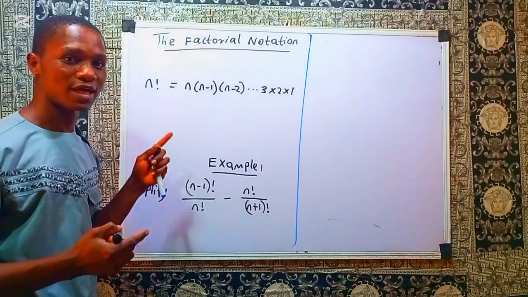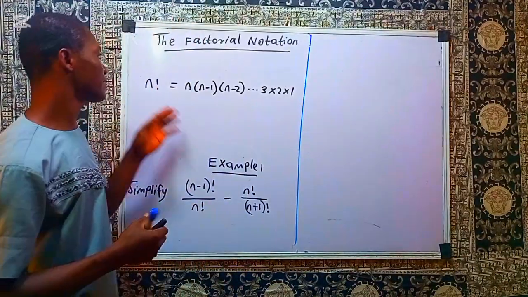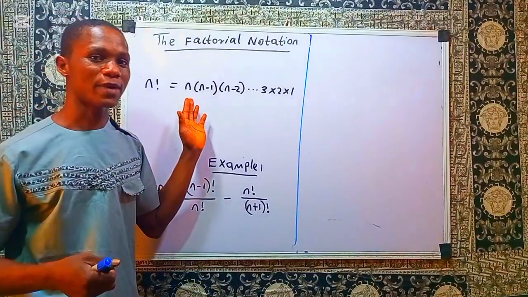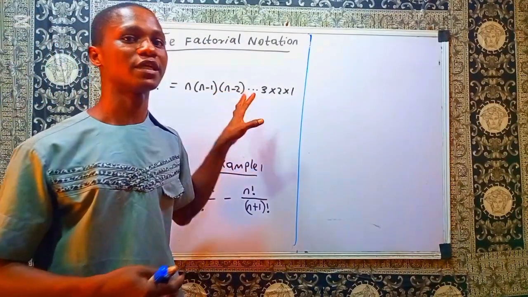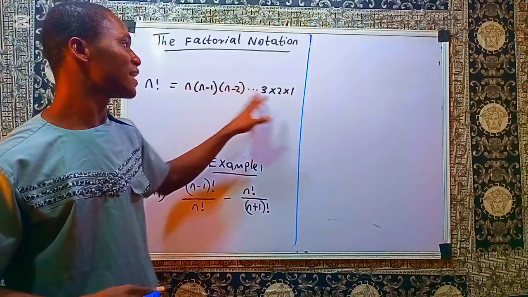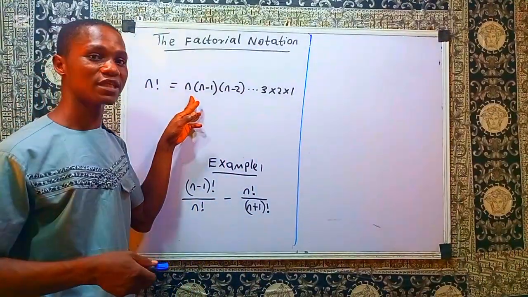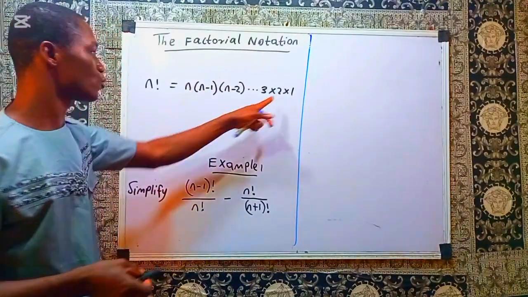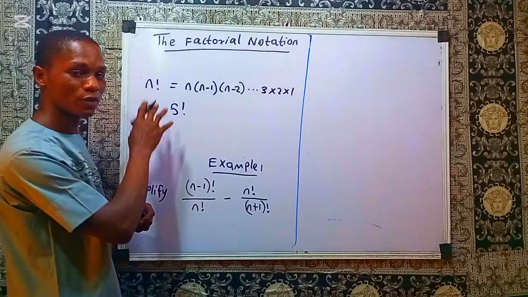So this means that if I have a positive integer n and I want to find the factorial of it, I have to expand the positive integer by multiplication. I will expand it down to what? 1. So I will start with that positive integer, then I will multiply it by the lower integer till I reach what? 1. Assuming that you are told to find 5 factorial with this.